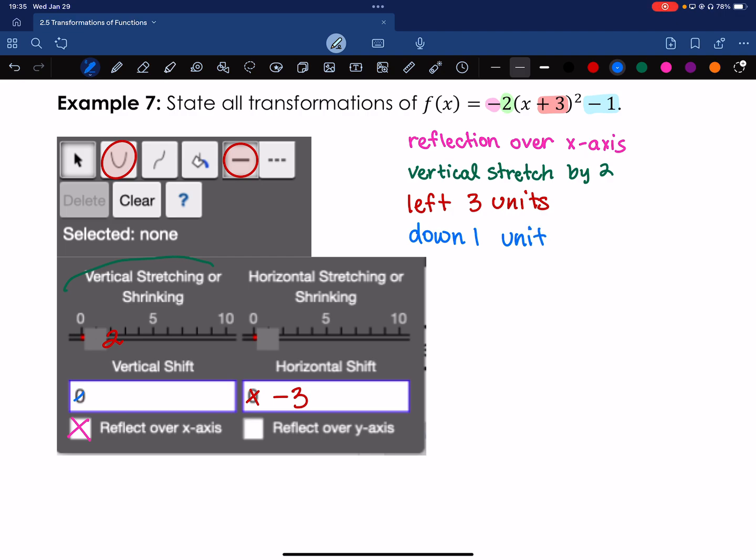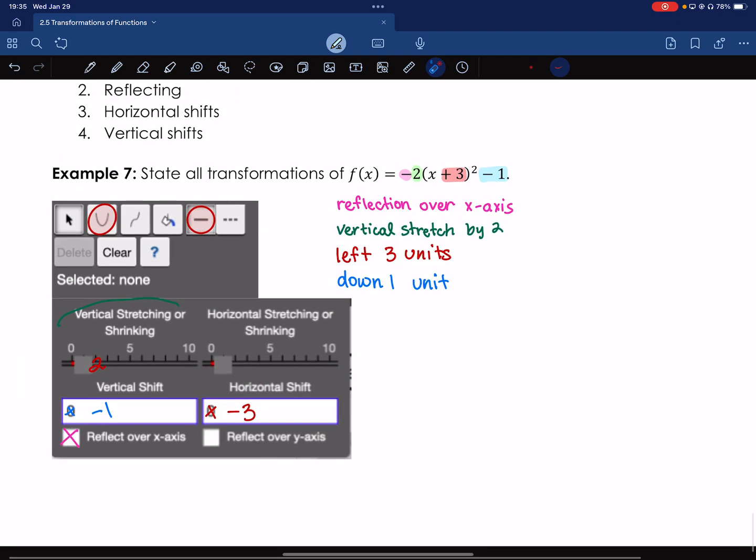And so you would plug in a -1. And so you would do all of that and then press OK and it graphs it for you, and then you're good. You would not mess with this one right here because we don't have any horizontal stretch or shrink. Okay, so that's the end of 2.5.